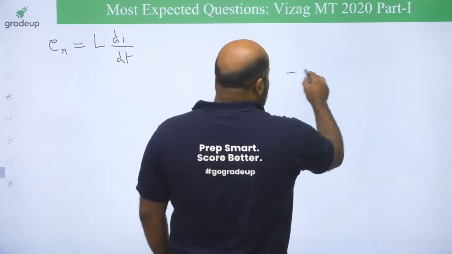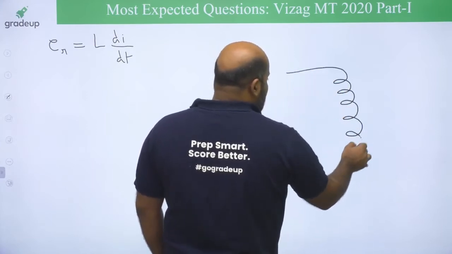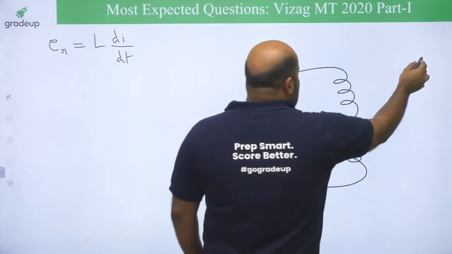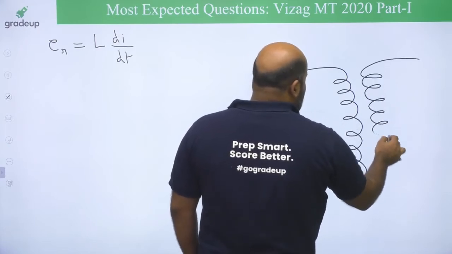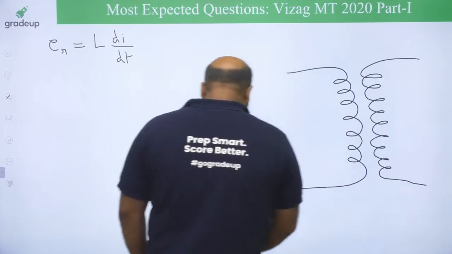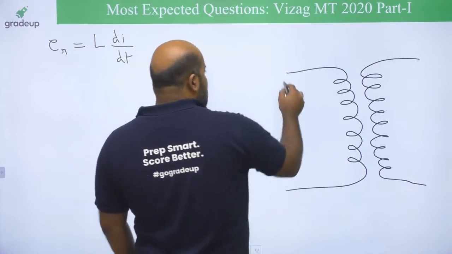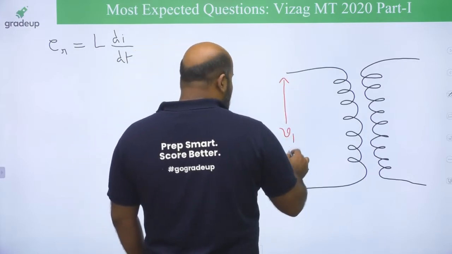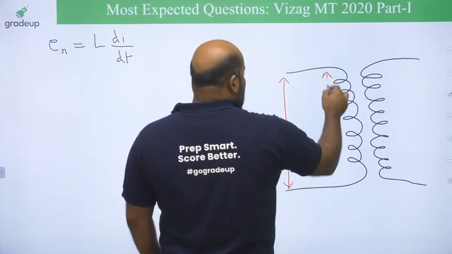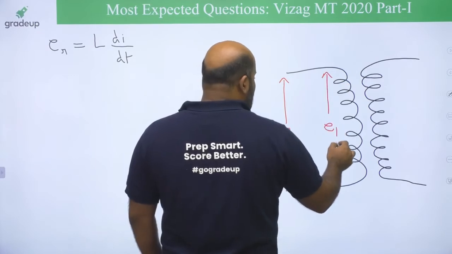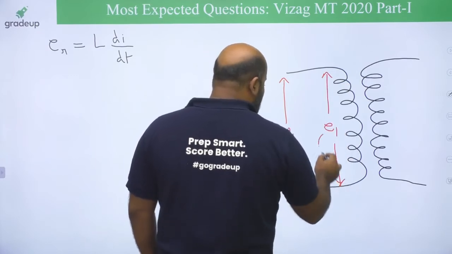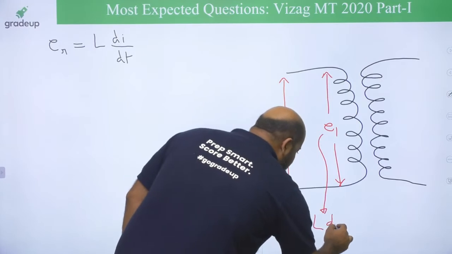Have you seen a transformer? Yes or no? V1 here. This is L di by dt.